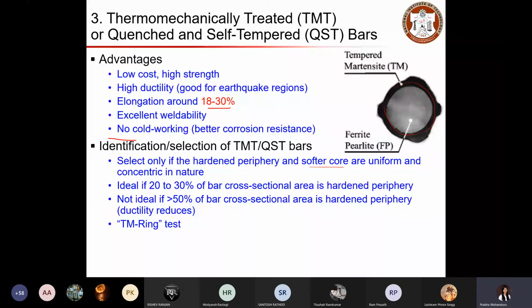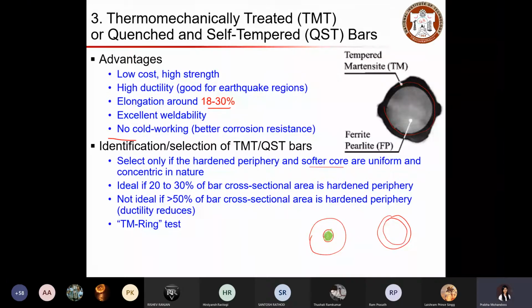Can it be fully something like this, with some small inner portion, or such a large inner portion in geometry? This represents your core region.